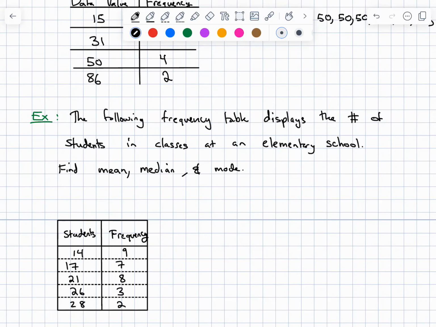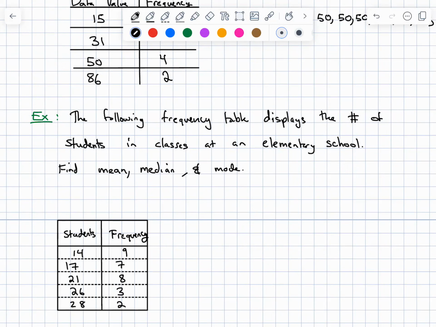To read this chart, this is kind of weird. But this elementary school was surveyed, and they looked through all the different classes. Apparently, this place has a lot of different classes, which makes sense actually.